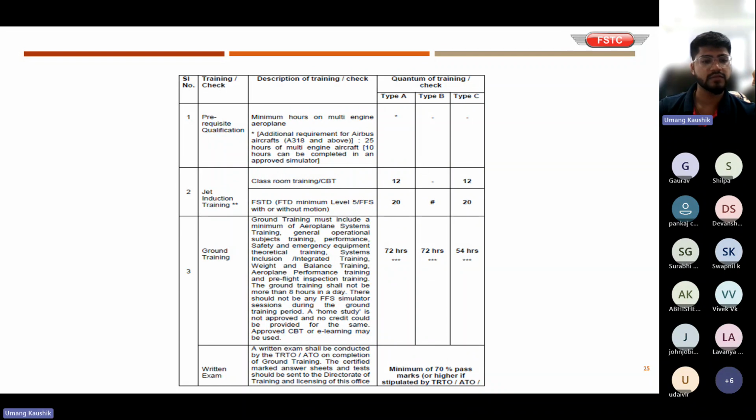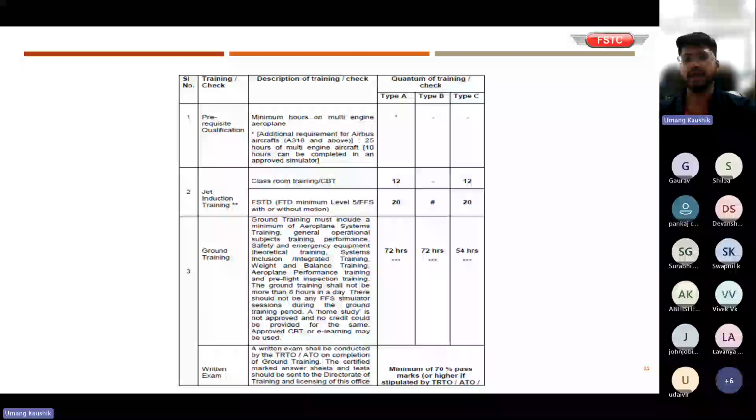There is no additional requirement for Airbus, but the minimum requirement is 25 hours on multi-engine aircraft, of which 10 hours can be completed in an approved simulator. That means 15 hours must be on a multi-engine aircraft, and the other 10 can be done either on the aircraft or on a simulator.